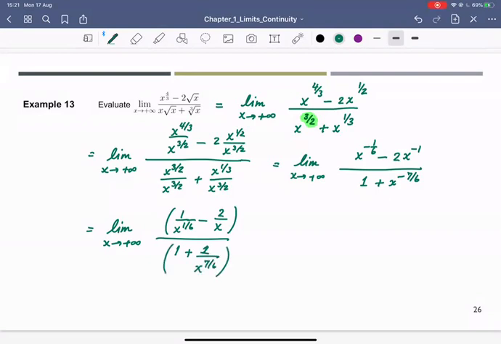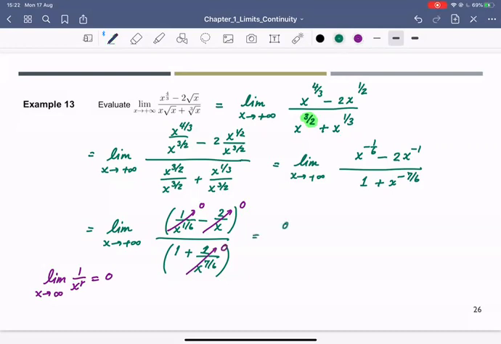The reason why I do this is because I want to see something that matches my form, the limit of 1 over x to the r goes to 0. That's why I swap x to the 1/6 to the bottom. You can see this thing goes to 0, this thing goes to 0. So it's going to be 0 times 2, which is 0 anyway. So this is going to 0 as well.